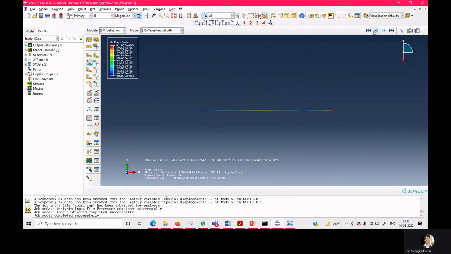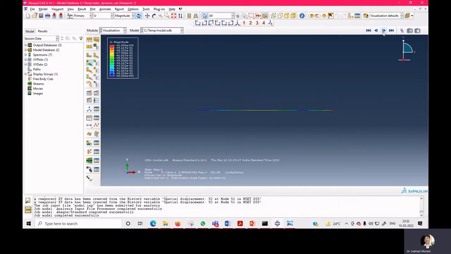Now here you can see what modes are there in our XY plane. This is the first mode, which is in our XY plane. The second mode is not in the XY plane, it is in the XZ plane. The third mode is again in our XY plane, the fourth mode is also in our XY plane, and the fifth mode is again not in our XY plane.